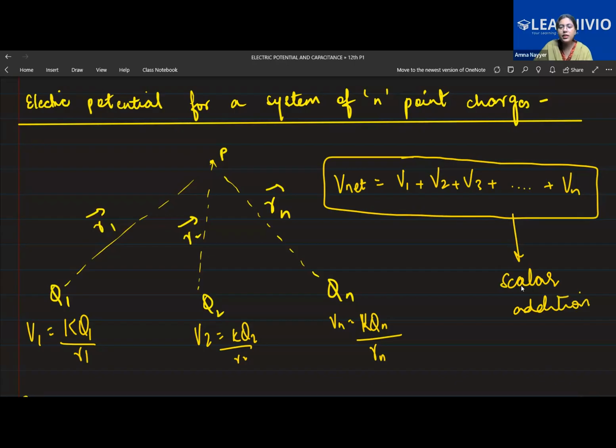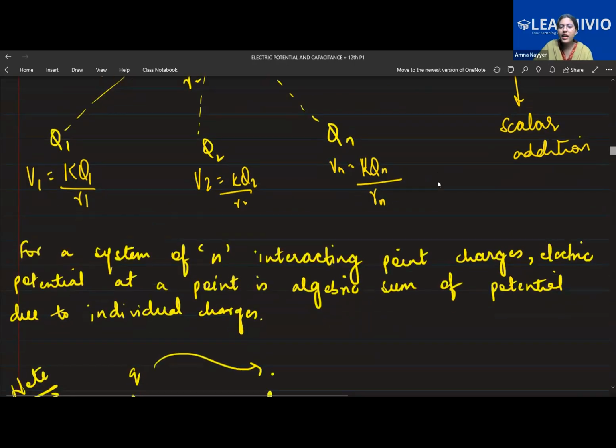So what does the rule say? Rule says that for a system of n interacting point charges, electric potential at a point is the algebraic sum of potential due to individual charges. This is the superposition principle. But just one thing here is different, that vector addition is not there. It's the algebraic sum. This is important.